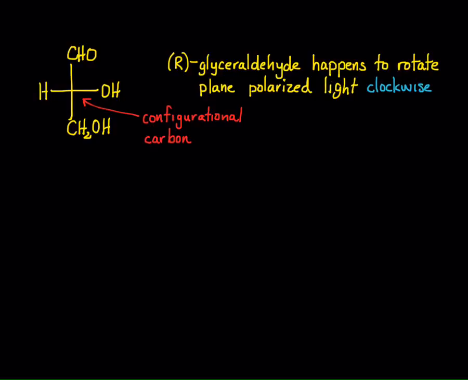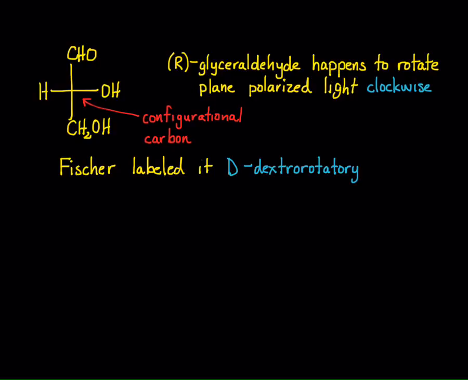So what did he do? Well, he said, okay, I'm going to label this D-glyceraldehyde. Why D? Because it rotated light in a dextrorotatory manner. And so this set the stage for all other carbohydrates.